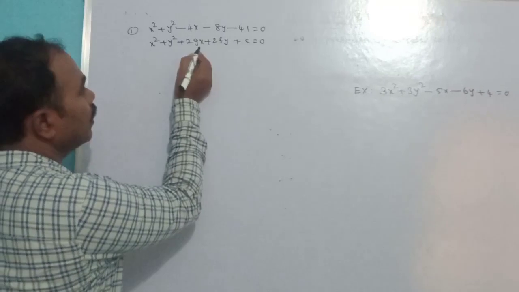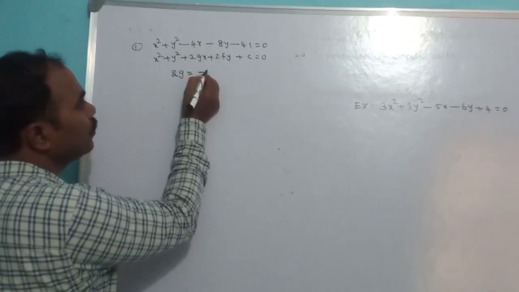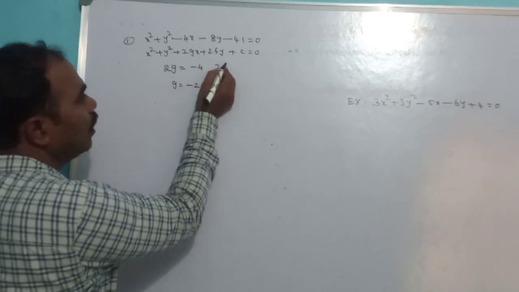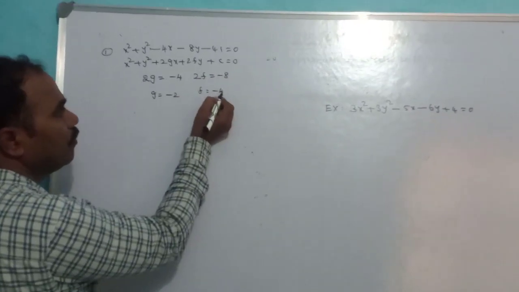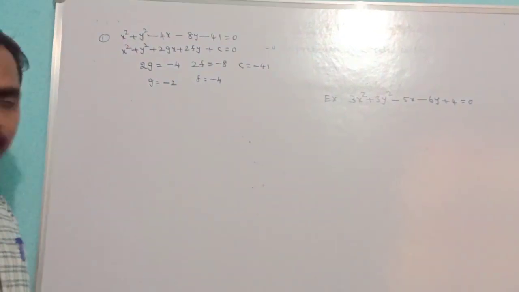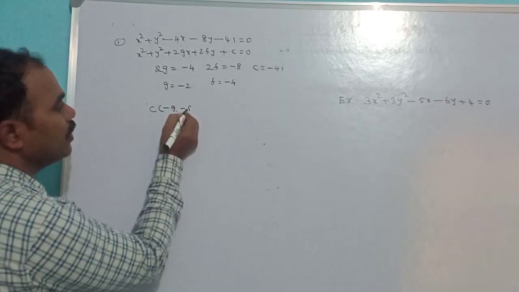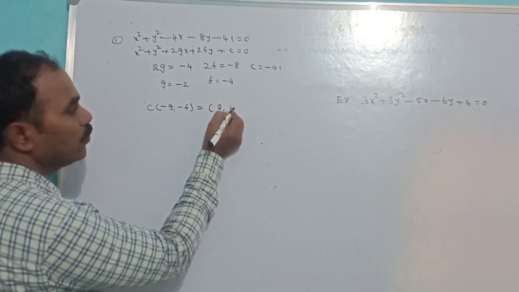Where the x coefficient of this one is 2g. 2g equals to minus 4 and g equals to minus 2. 2f equals to minus 8, f equals to minus 4, and c is minus 41. And the formula for center is minus g comma minus f, which is 2 comma 4.